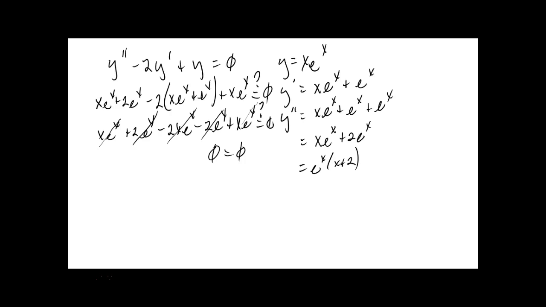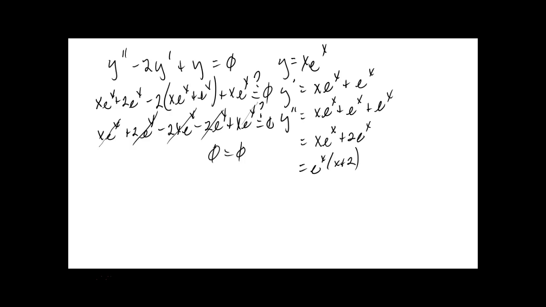Note too that in example 3, this was the B part of example 3: each differential equation possesses the constant solution y equal to 0 everywhere. A solution of a differential equation that is identically 0 on an interval I is said to be a trivial solution. So if you put y equal to 0, then y prime is 0, y double prime is 0, and you have 0 minus 2 times 0 plus 0 equal to 0.